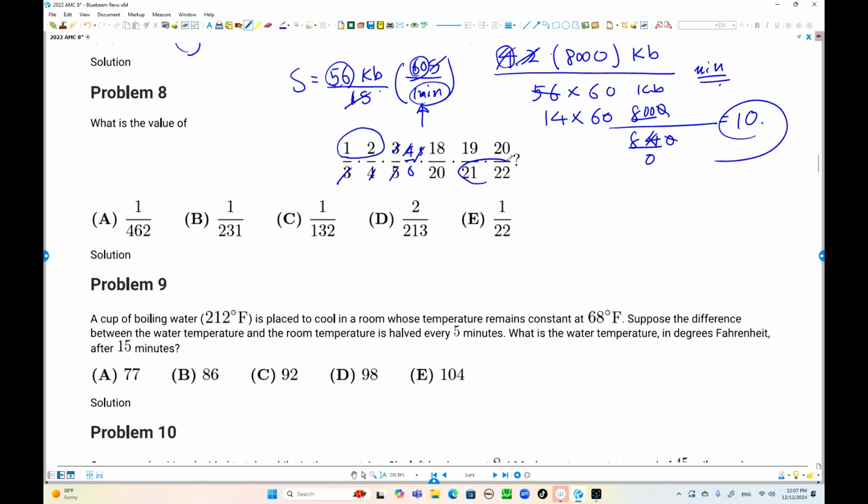The last 2 in the denominator will be left. So 1 times 2 over 21 times 22, right? That's it. So this is 1 over 231. Choice B is that. So remember, if 3 numbers are left, the last 3 numbers in the denominator will be left.